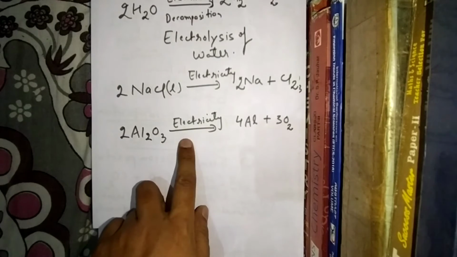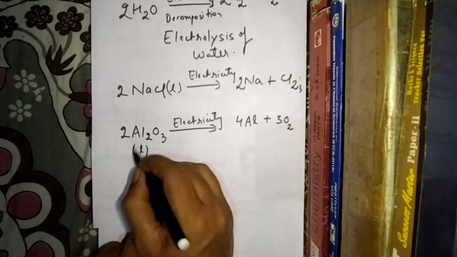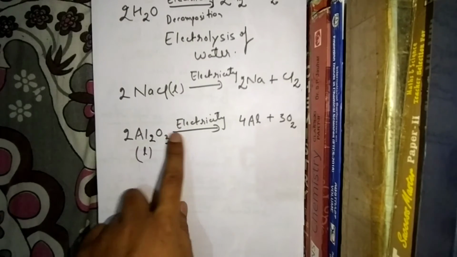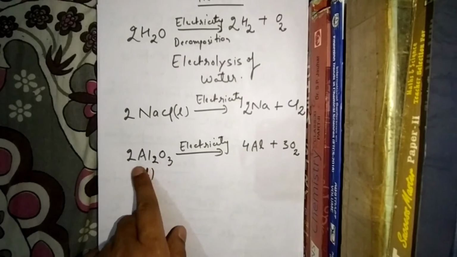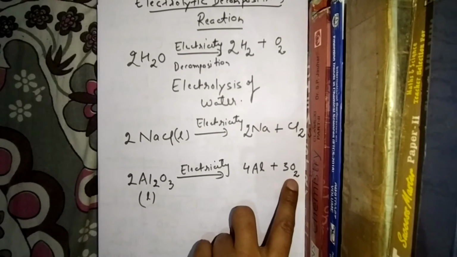When electricity is passed through the molten solution of aluminium oxide, it decomposes to give aluminium metal and oxygen gas.